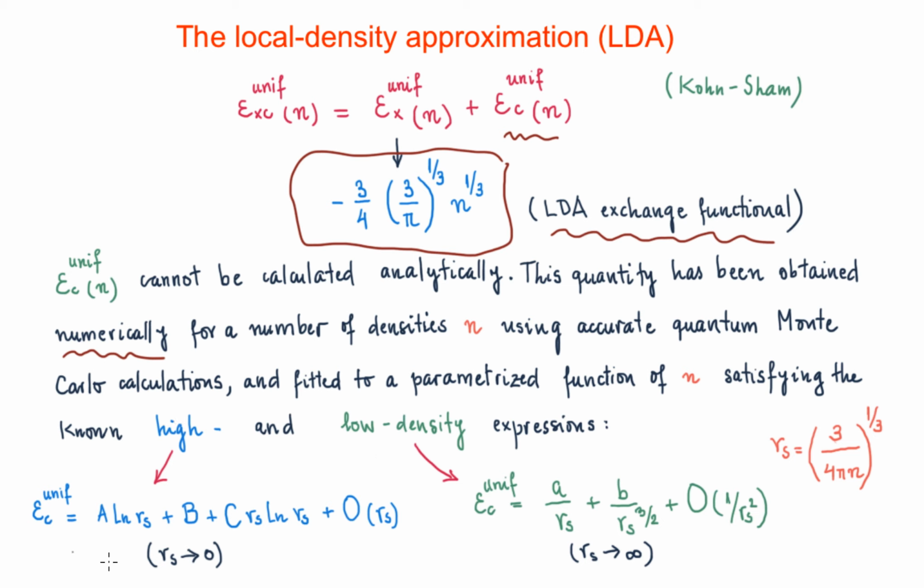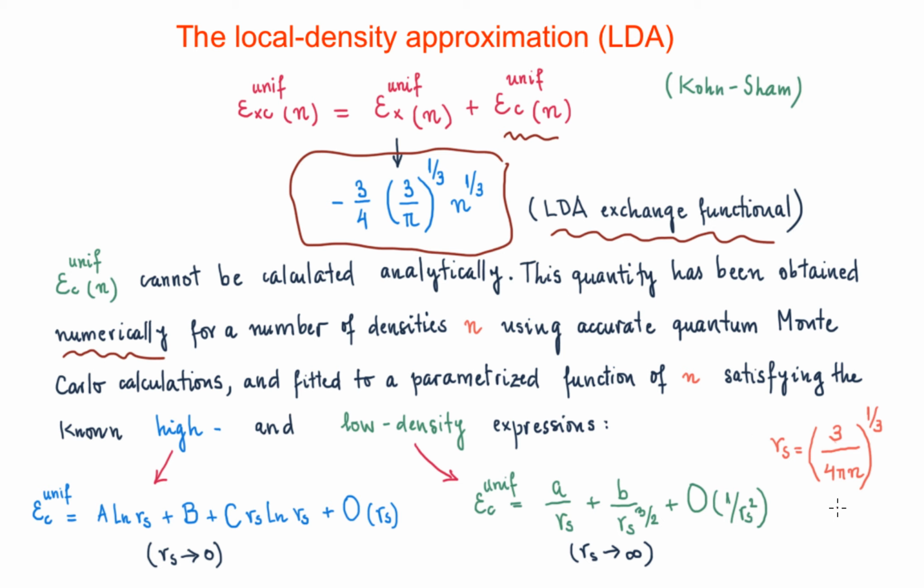These high density and low density expressions were already presented when we analyzed the uniform electron gas. As you can see here, instead of the density, we are using another parameter, rs. This rs parameter is basically the average interelectronic distance, and it is related to the electronic density in this way, as we already saw.